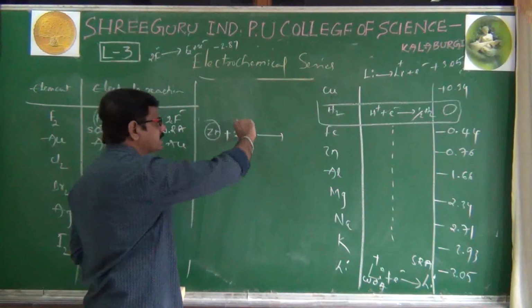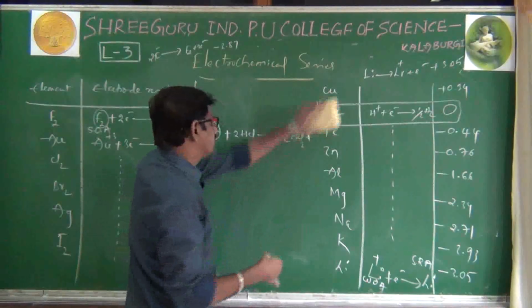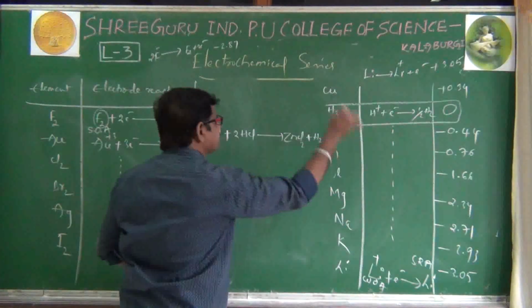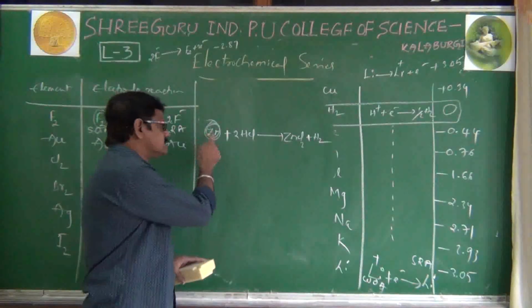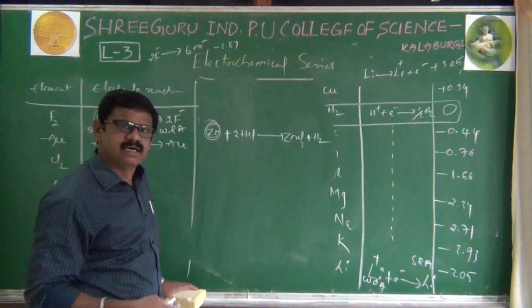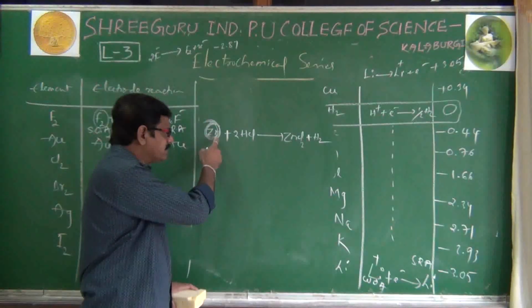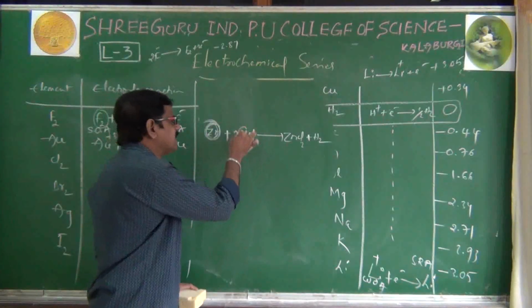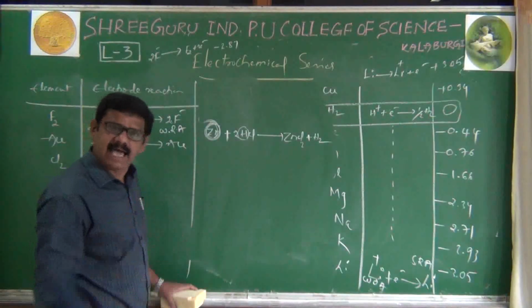Zinc is displacing hydrogen and converting to ZnCl2, plus hydrogen gas escapes like this. Means here zinc is below hydrogen in the electrochemical series. That's why this lower element is displacing the element above it in the electrochemical series. Why is it happening?